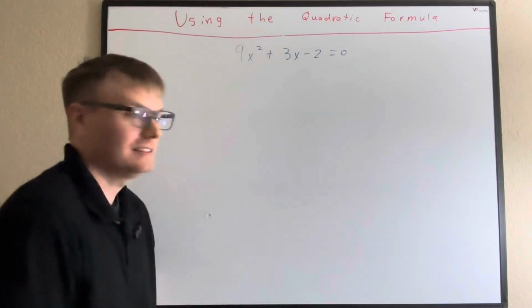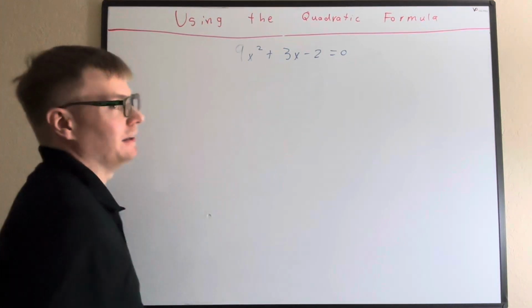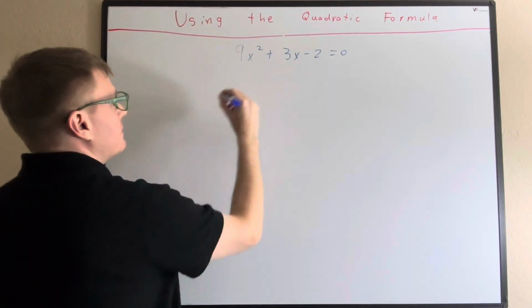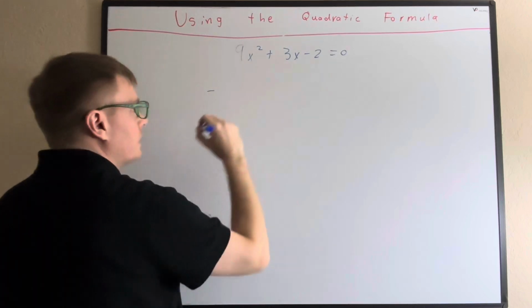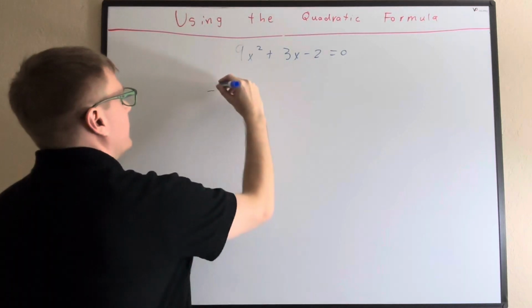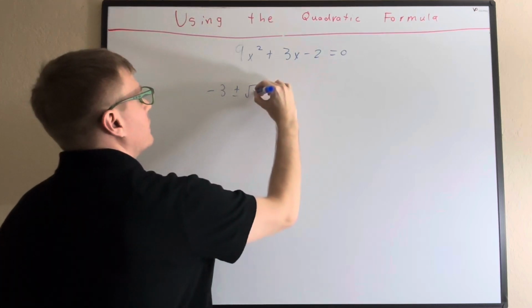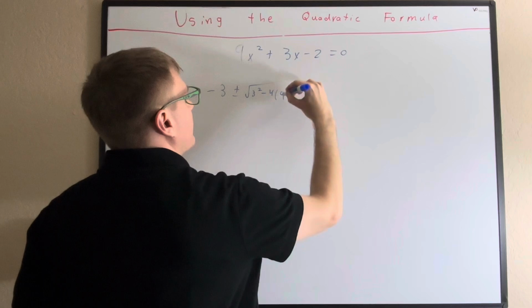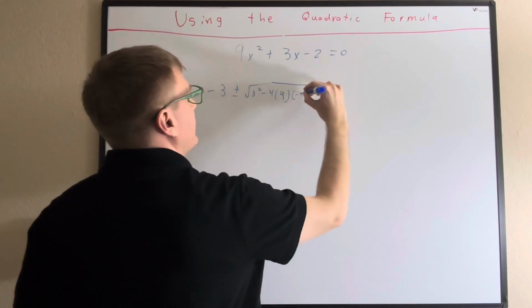One more for practice, because we need an example where a does not equal 1. So let's do it again. Negative b plus or minus square root of b squared minus 4ac all over 2a. Got it. Negative b plus or minus square root of b squared minus 4 times a, which is a 9, times c, which is -2.